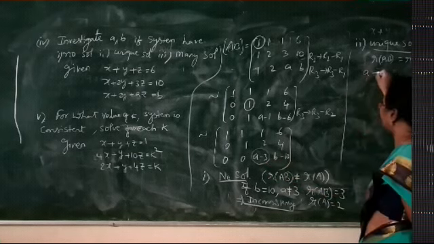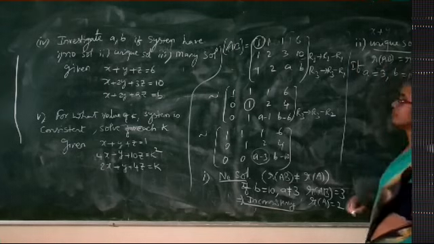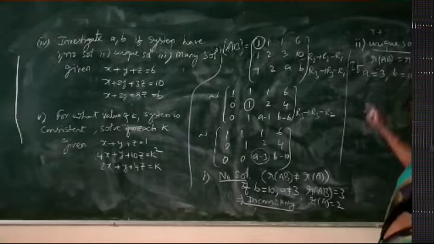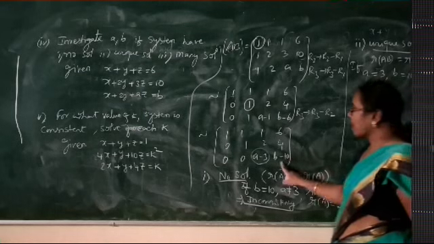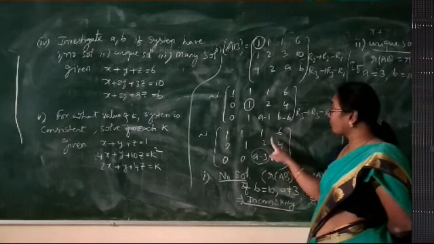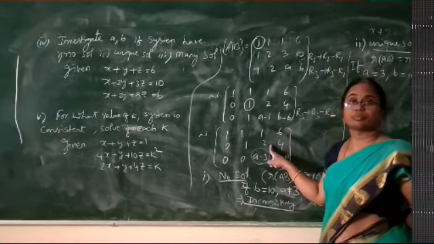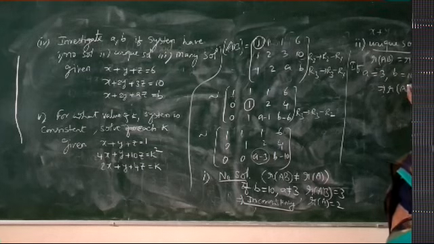That is the case with A equal to 3 and B is equal to 10. Okay, when A is equal to 3 and B is equal to 10, what happens? This last row becomes completely 0. Rank of A equal to 2 and rank of AB is also equal to 2. Right? So for this case we have got the rank of A and the rank of AB also equal to 2.